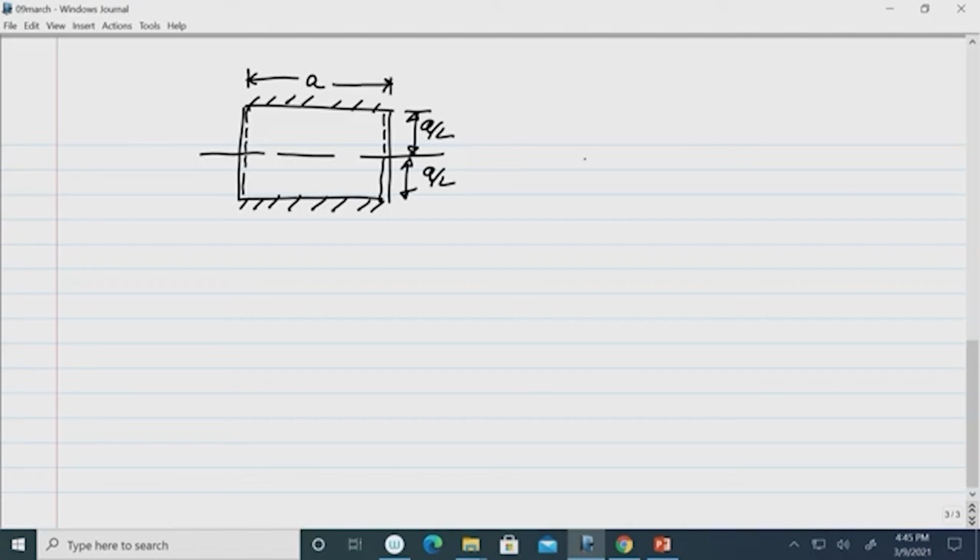So, imposing the boundary condition at y equal to a by 2, capital Y is 0, that gives a 1 cos hyperbolic. If you substitute y equal to a by 2, then cos hyperbolic pi by 2 will come. So, let us take alpha 1 equal to pi by 2, just to simplify the calculation.